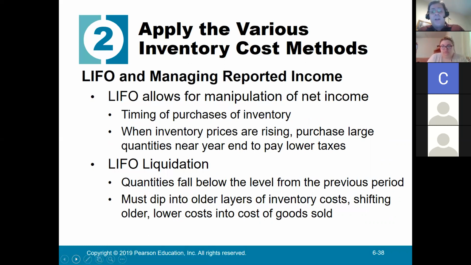I'm not sure that I actually buy into your author's contention that LIFO allows for greater manipulation of net income. It is a popular thing; if you go on Investopedia and you say, why is LIFO bad? It will say exactly that.